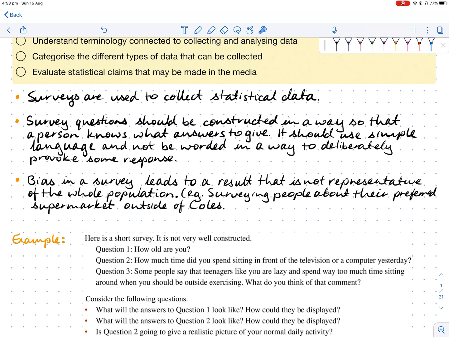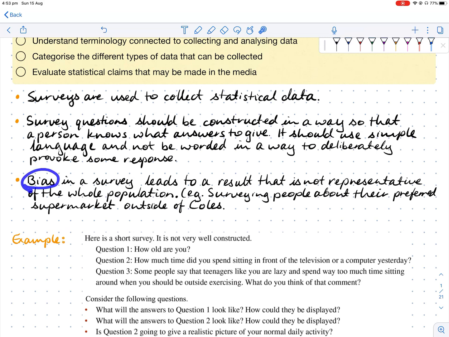It shouldn't be ambiguous. It should use simple language and also not be worded in a way to deliberately provoke some sort of response. So if a question is written so that you're more likely to say one thing because of the way the question's worded, then there are issues with that sort of survey.